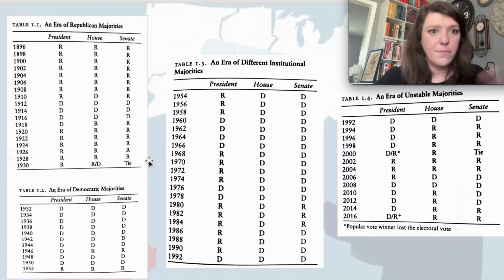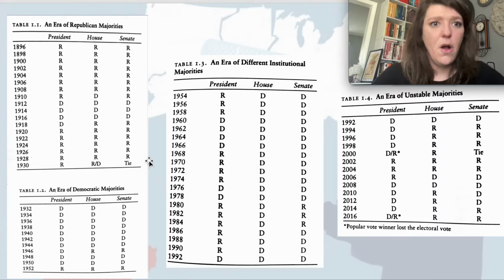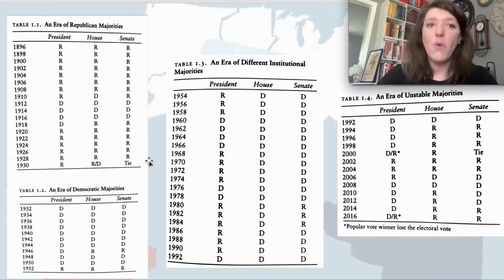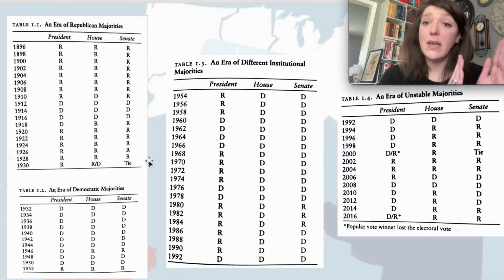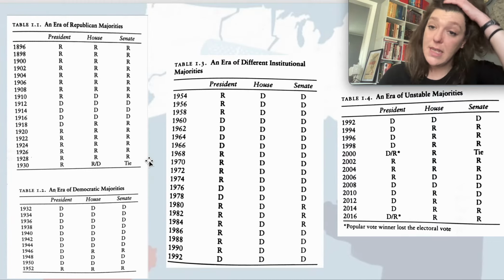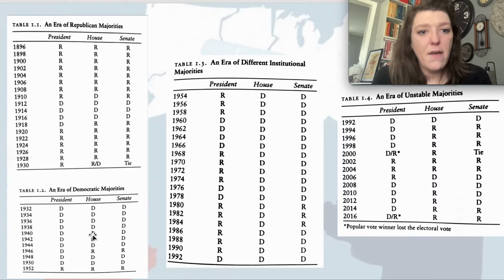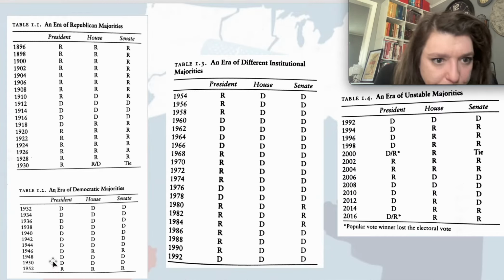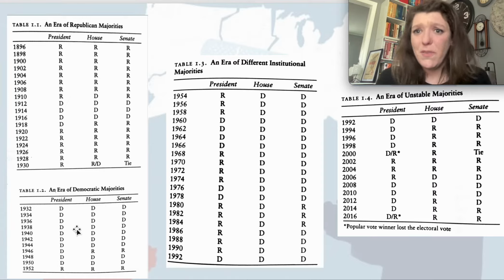And this is almost 40 years of pretty consistent control. And more importantly, the same party controls the executive and both houses in the legislature. Then we have a period of Democratic majorities, the World War II, Great Depression era, where the Democrats dominate for almost like 20, 25 years.